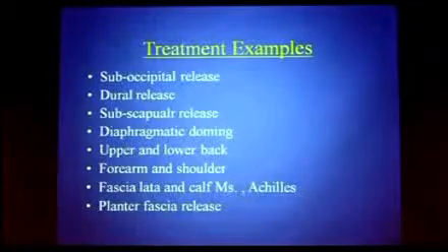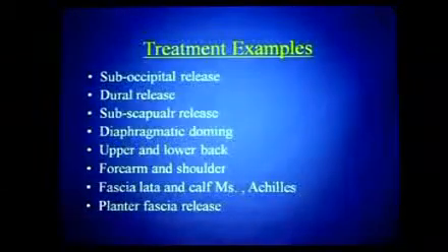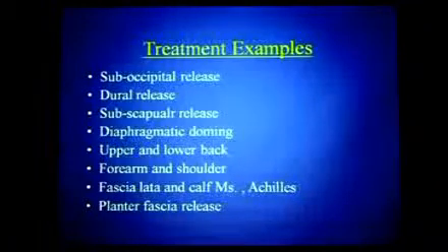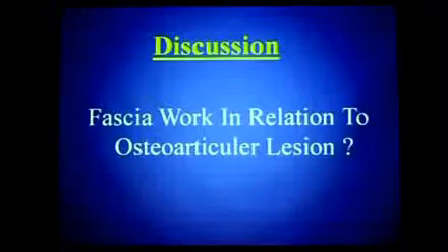Same thing here, he can do fascial work. This is a traditional way. So many examples we can do for those patients. Suboccipital release, dural release, suboccipital, subscapular release. These are tools of the treatment. Okay, now we understand we cannot treat the spine without treating or removing restriction surrounding the spine.